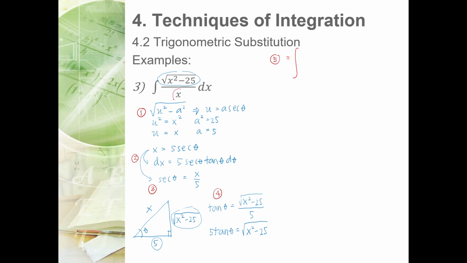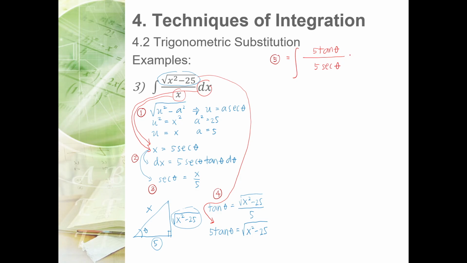So again, if we try to locate the different terms here, everything can be replaced in the equation. So this one is going towards here. dx: x is here, and then dx is still the same. Okay, so the numerator is 5 tangent theta, then divided by x, which is 5 secant theta.